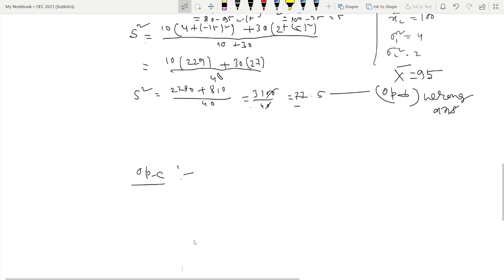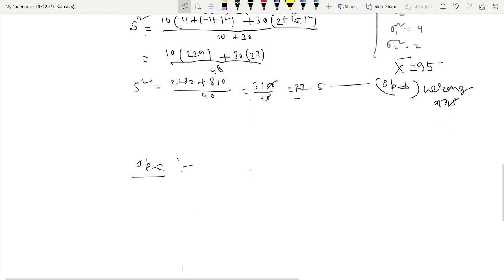Option C is the combined coefficient of variance. Now, what is the coefficient of variance formula?